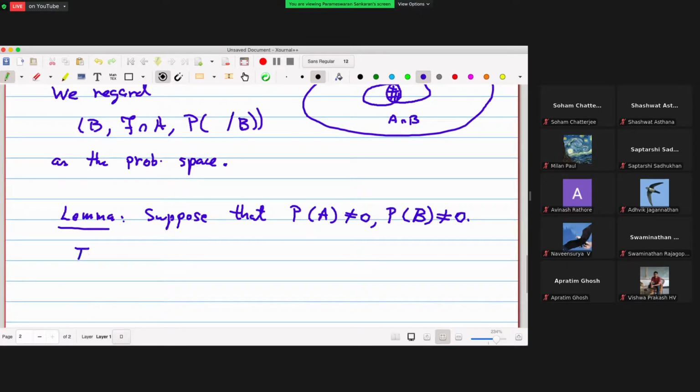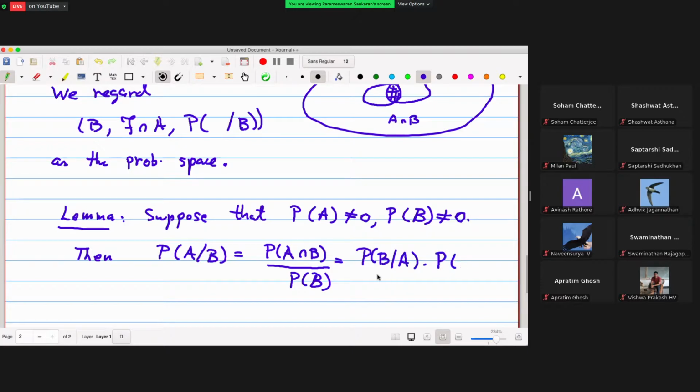Then the probability of A given B is equal to the probability of A intersection B divided by the probability of B. This is the definition. This is the same thing as the probability of B given A times the probability of A.